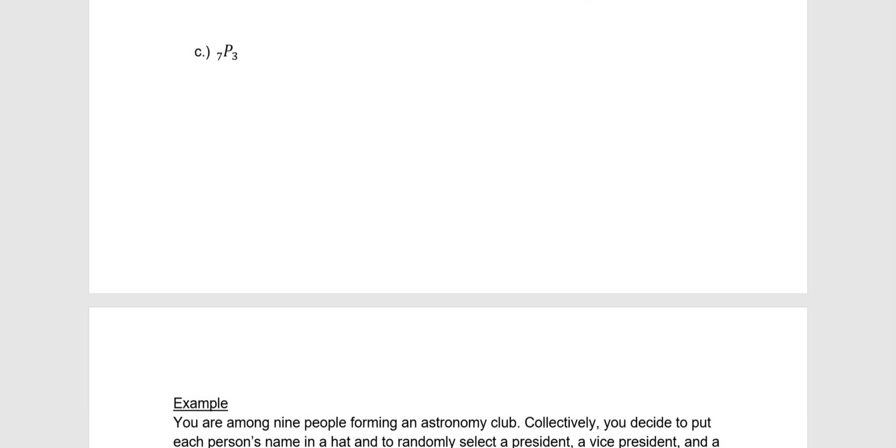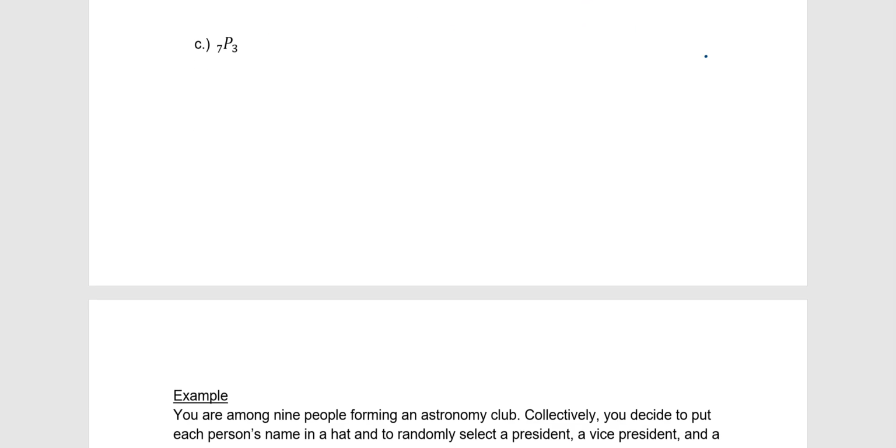Okay, and then the last one here, we have 7P3. 7 factorial over (7 minus 3) factorial. That's going to give us 7 factorial over 4 factorial. So hopefully you recognize now that that 4 factorial is going to be canceled. So what I'm going to do in the numerator, I'm going to write this as 7 times 6 times 5 times 4 times 3 times 2 times 1.